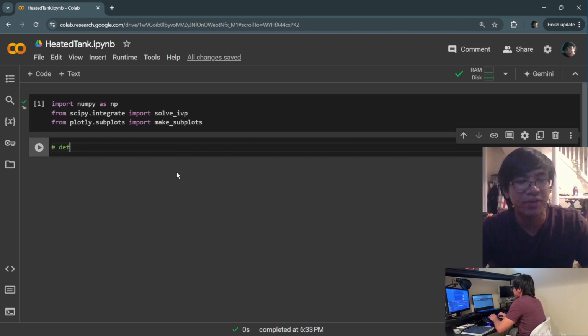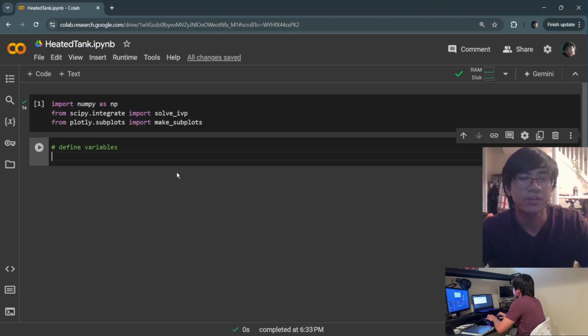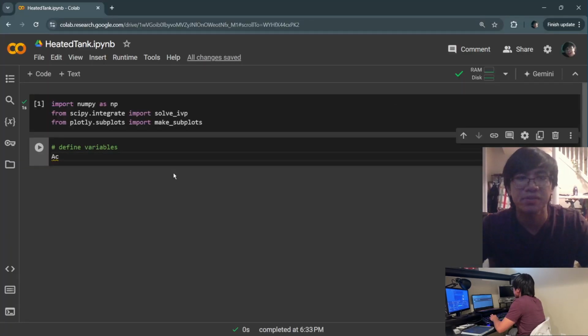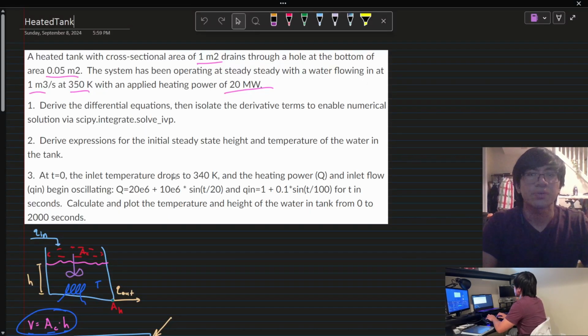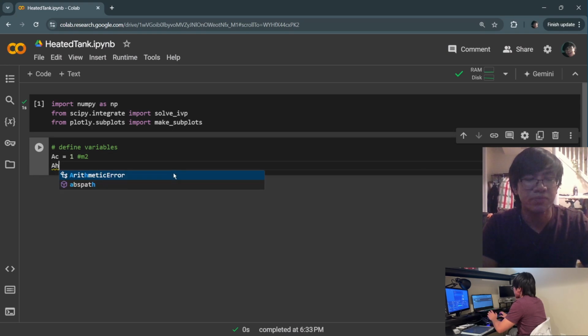So let's go ahead and define our variables here. This is just copying straight from the word problem. We have cross-sectional areas, two different ones. I think I called it AC, yeah, let's keep it consistent. So AC is 1 meter squared, and that was for the tank.